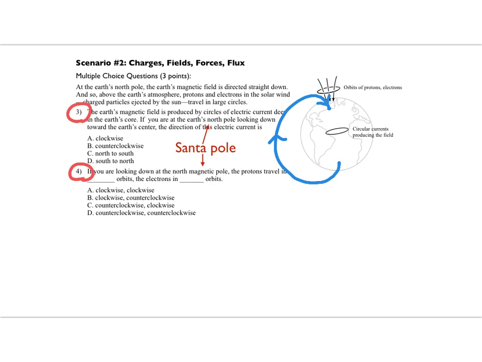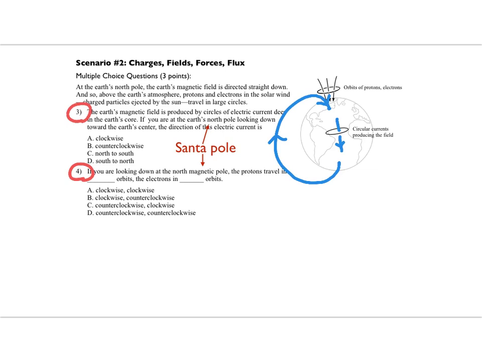The magnetic field lines go into the Earth like that. So if I think about the current producing the field, the magnetic field produced by this current points like so. If I wrap my fingers in the direction of the field, my thumb gives the direction of the current. What do you get? I want you to try that yourself before you check the solutions.